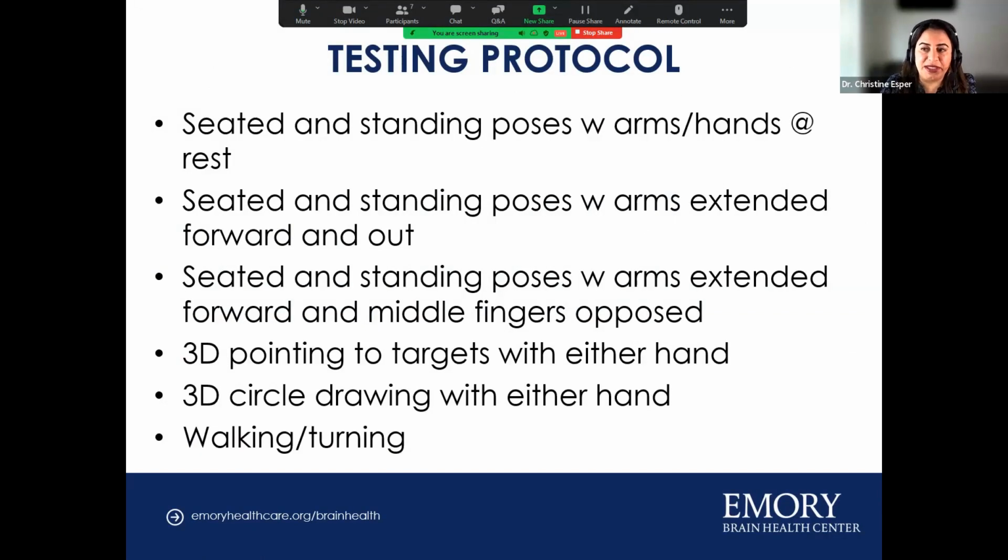So we have both seated and standing poses with the arms at rest. We have seated and standing poses with the arms extended out, and also with the arms in this position. And then we also test for action tremors. So we do tasks such as finger, nose, finger testing and drawing a circle. And then we also have patients walk across the recording area, and we also capture turns.